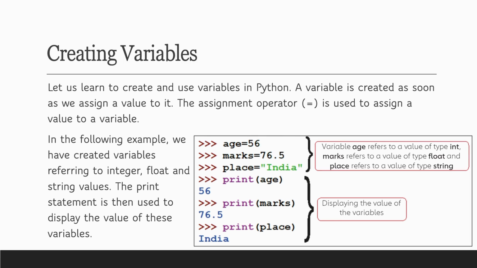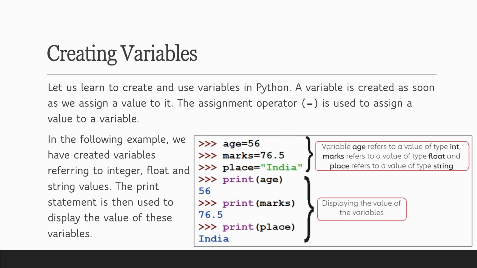Creating variables. In Python, creating a variable is very simple. In fact, a variable is created the moment we assign a value to it. To do this, we use the assignment operator, which is the equal sign.